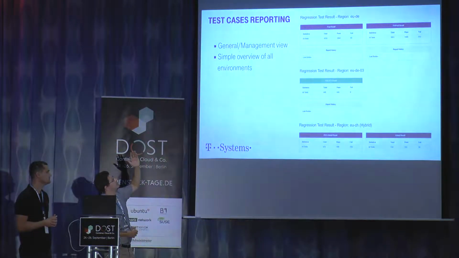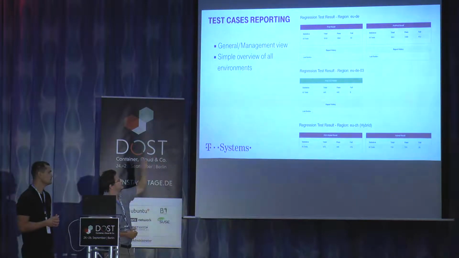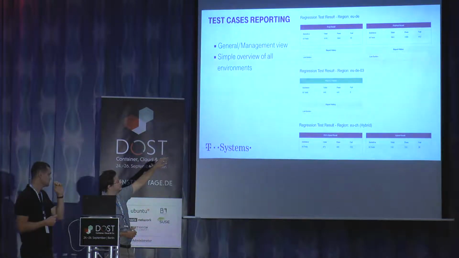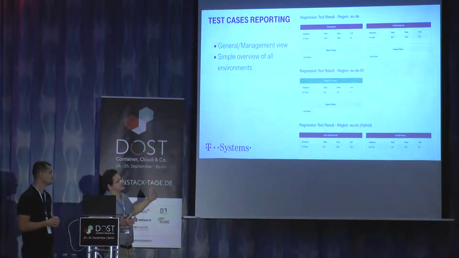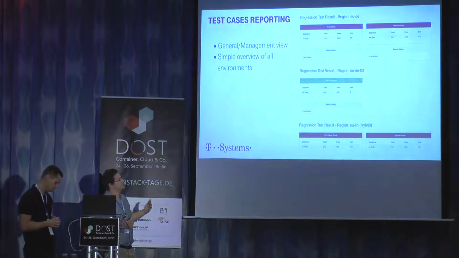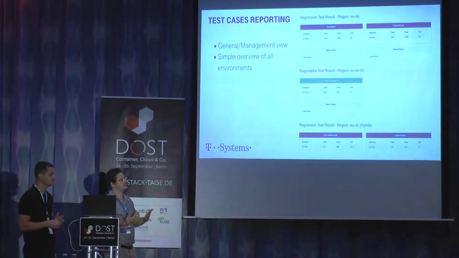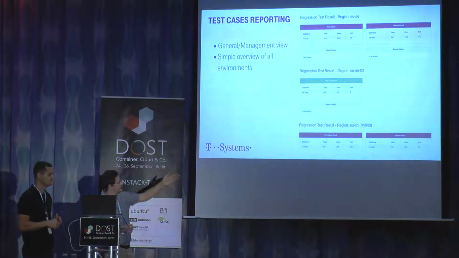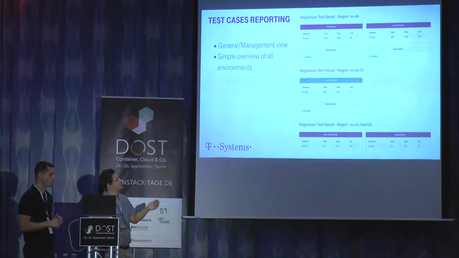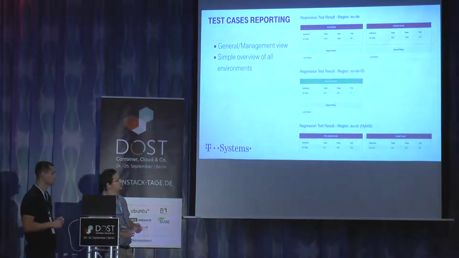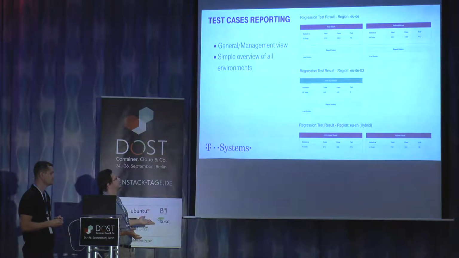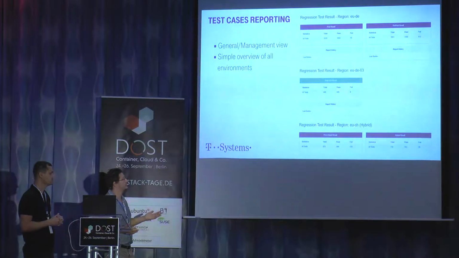In this example, we have production, pre-production, then especially availability zone 3 in production, which is some historical view, from when we were extending the third availability zone and wanted to see only the reports from this availability zone, how it is behaving. And then also some reports from hybrid. Good view, a very quick benefit of this is to have a brief idea where we have some gaps, where everything is running well.